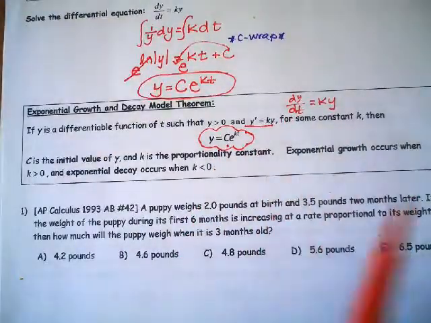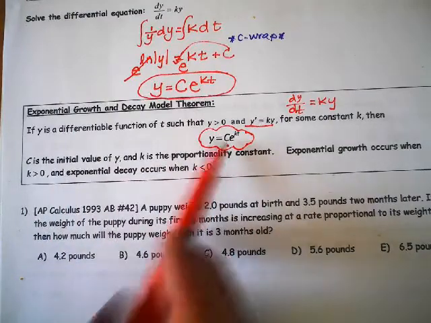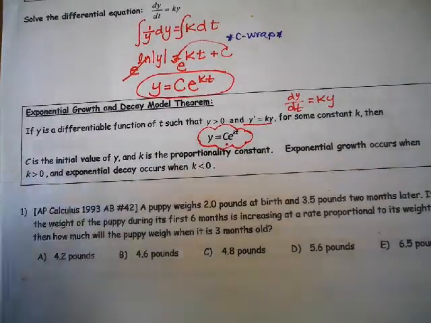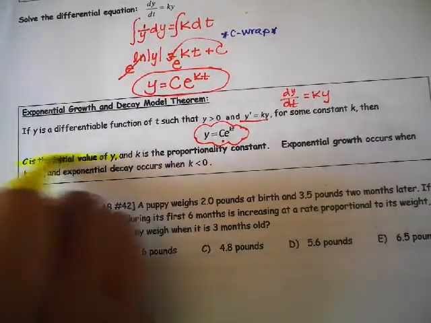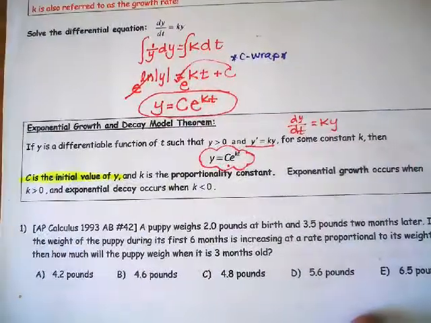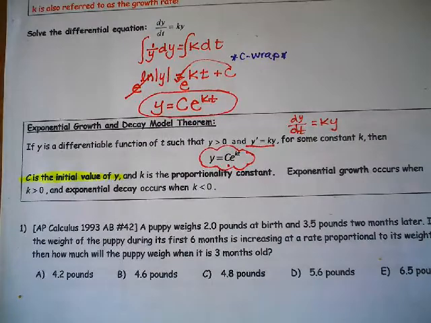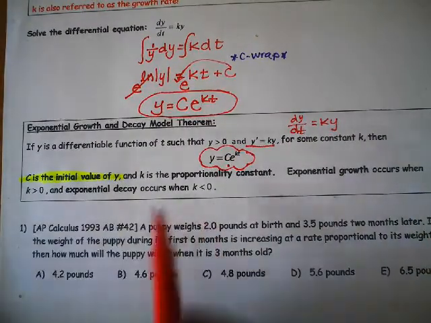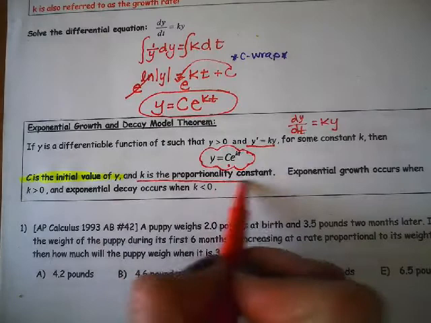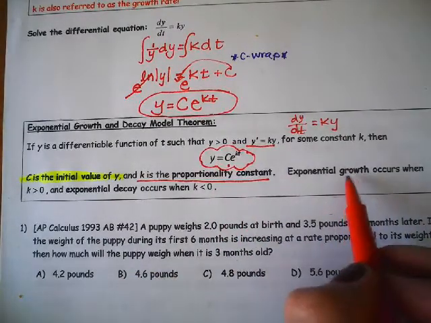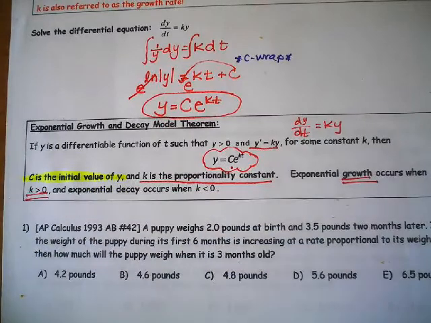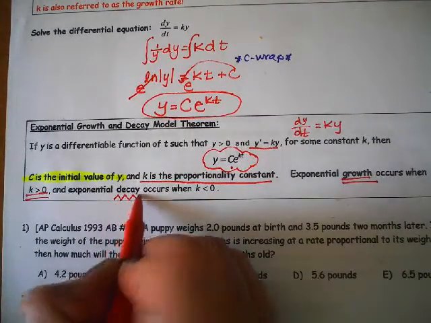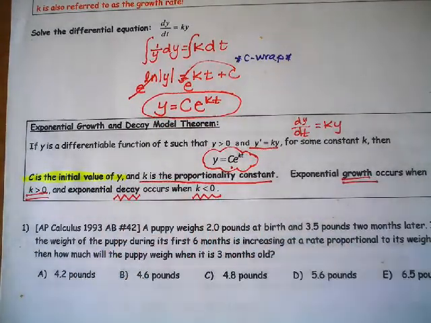Now in this solution, it's important to note that c is the initial value. So if the word problem ever says what the initial value is, we'll sub that in for c. And k is the proportionality constant. Something important to notice is that if it is growth, your k is greater than 0, and if it is decay, your k is going to be less than 0.